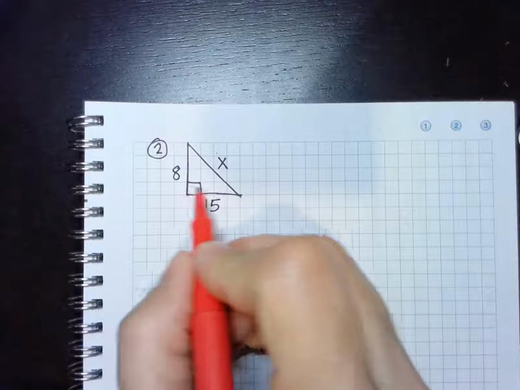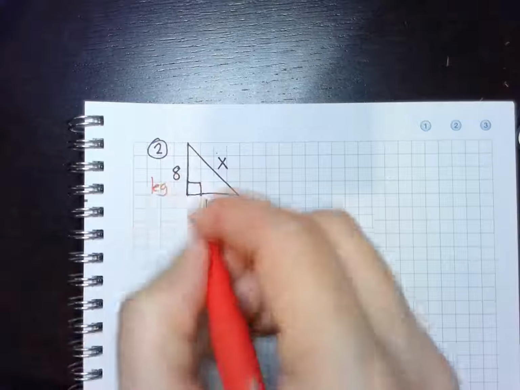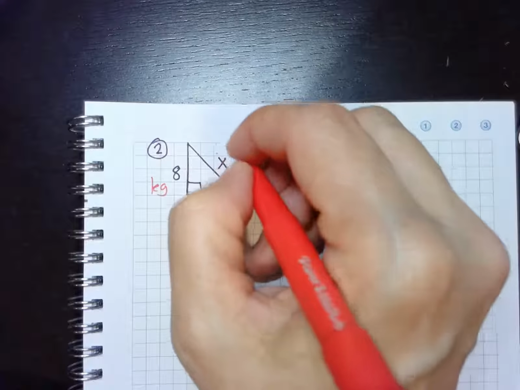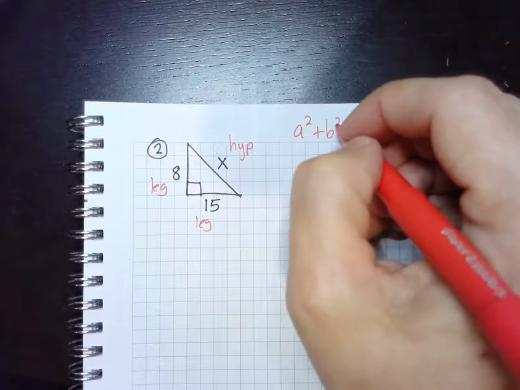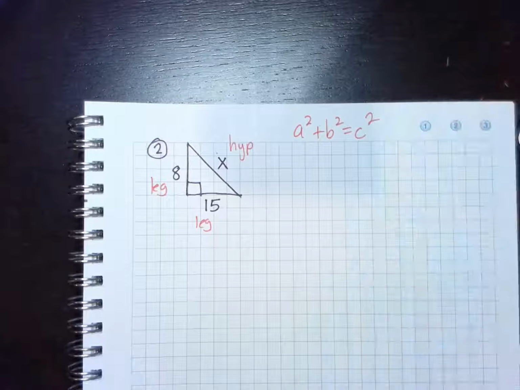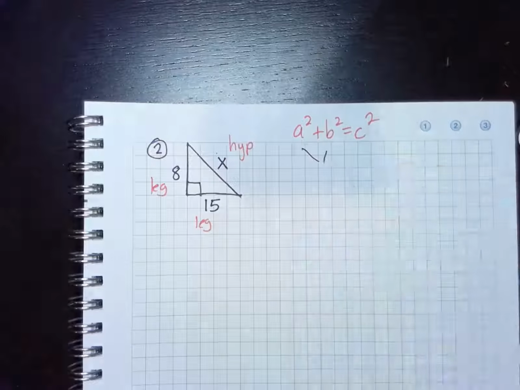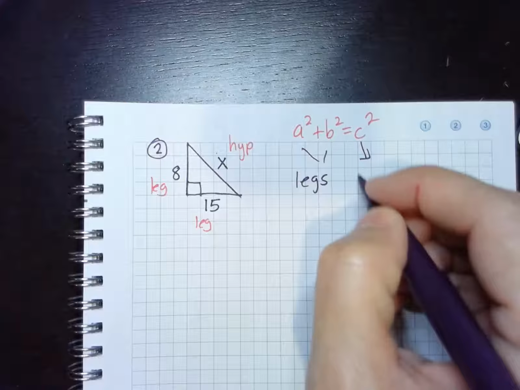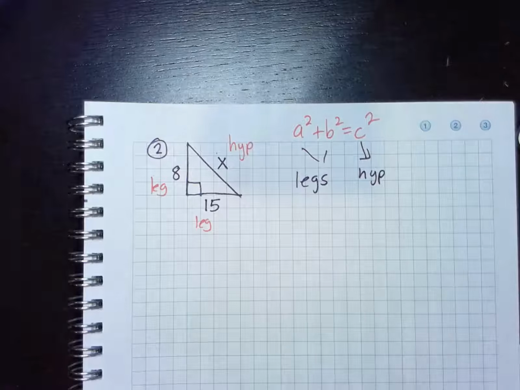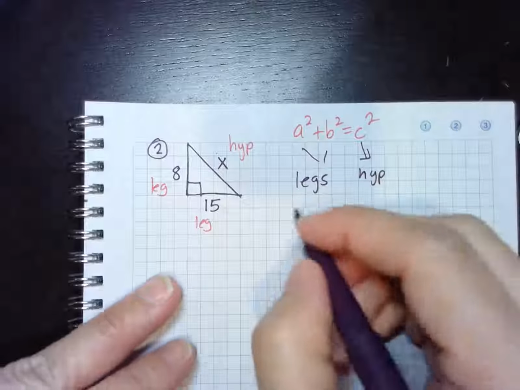Remember, the two legs make the right angle, so this is a leg and this is a leg, and so the other side is the hypotenuse. So my formula, a squared plus b squared equals c squared. Remember, these are my legs and this is my hypotenuse. So I'm going to substitute my values in.